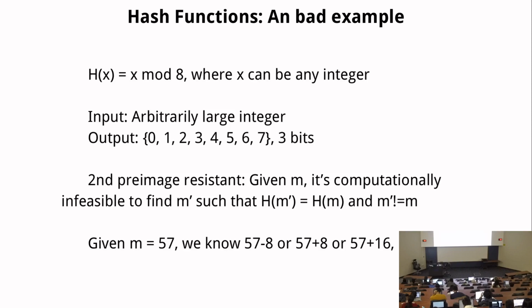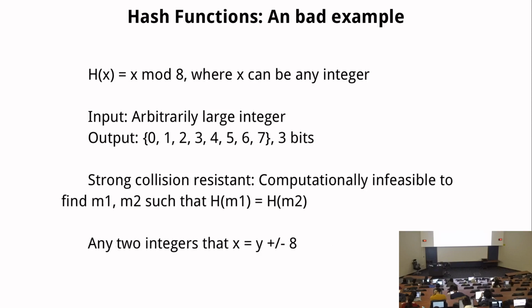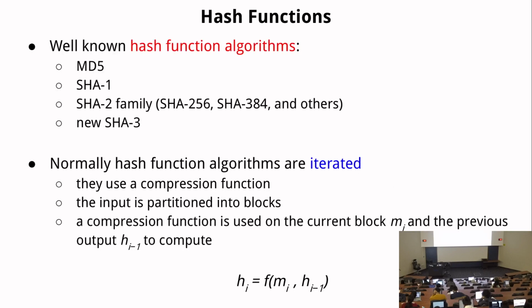Very easy, right? It's not cryptographically secure. Also, any two numbers whose distance is 8, 16, or 24 will have the same hash value. So it's not a secure hash function.